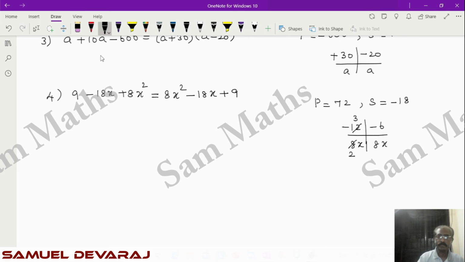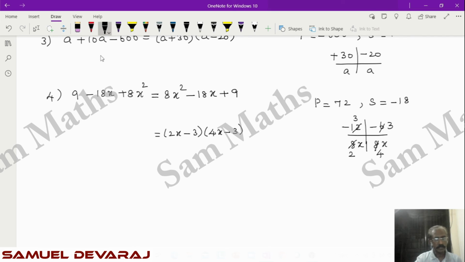Then you cancel for 2, it's 4 and this is 3. Therefore the factors are 2x minus 3 into 4x minus 3. This is the required factors. Are you clear, children?